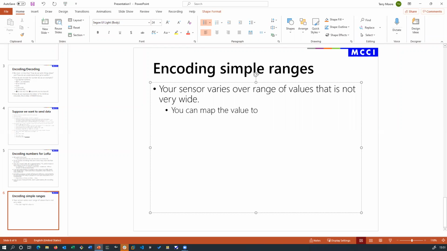You can map the value onto 2 bytes. Each byte represents a base 256 digit.